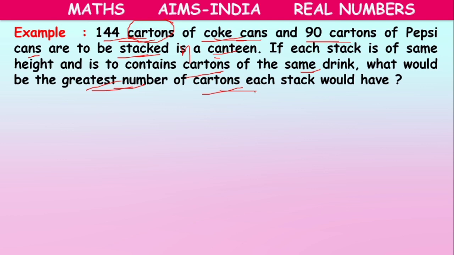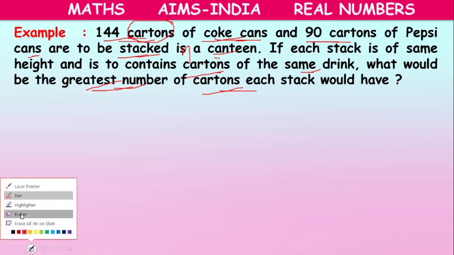But in each group, the number of cans of both types should be equal. It means we have to find the greatest possible number that divides both the numbers, so that we can arrange equally according to that number.